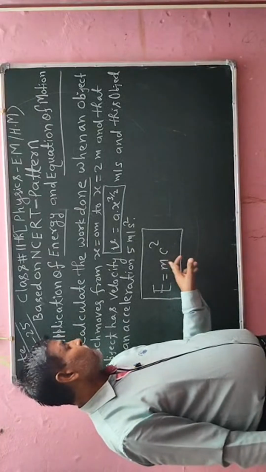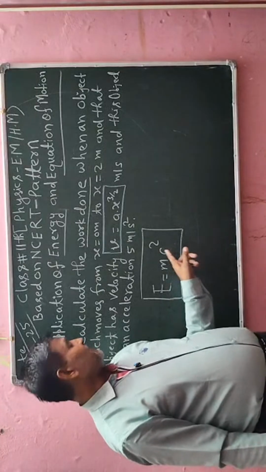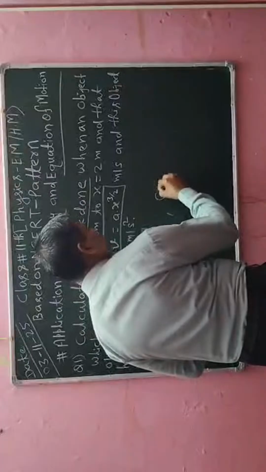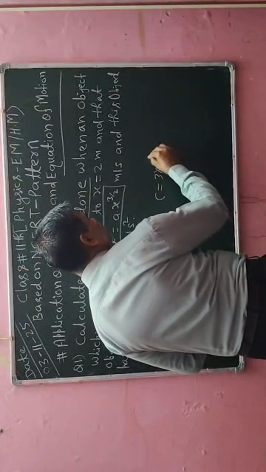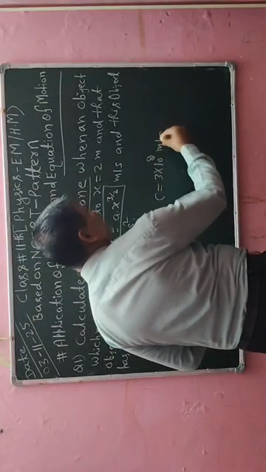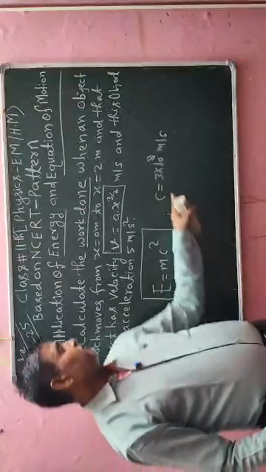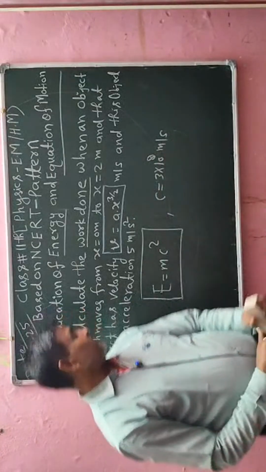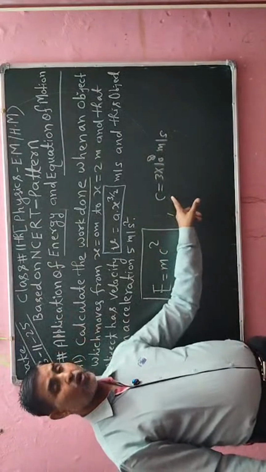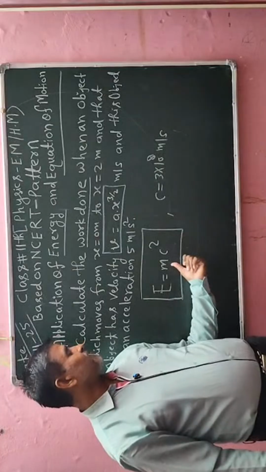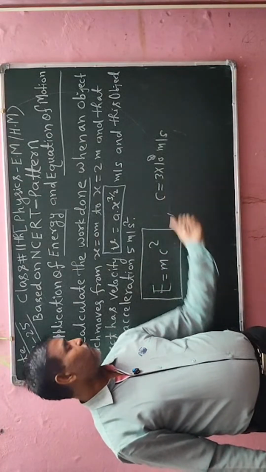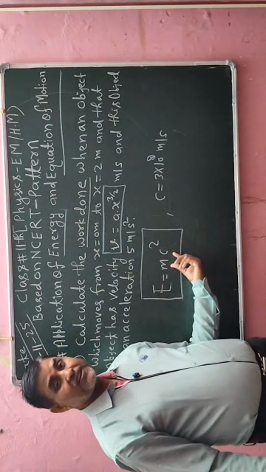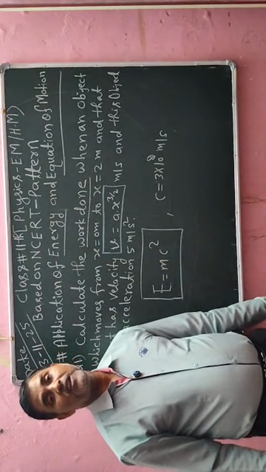Now that object moves with the velocity of light in vacuum, whose value is given by laboratory as 3 into 10 to the power 8 meter per second. This is the velocity of light in vacuum, that is c is equal to 3 into 10 to the power 8 meter per second. When I take an object with a fixed mass, and c is a fixed value, I take the product of these two physical quantities and I get a value, and that value will also be fixed.